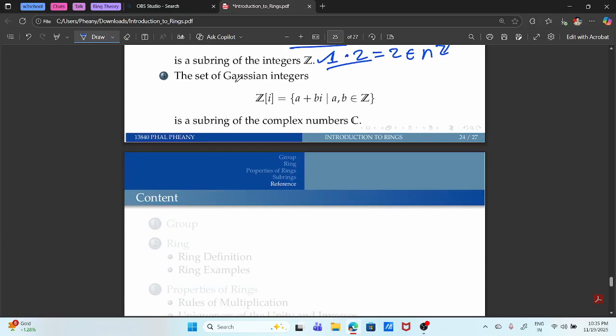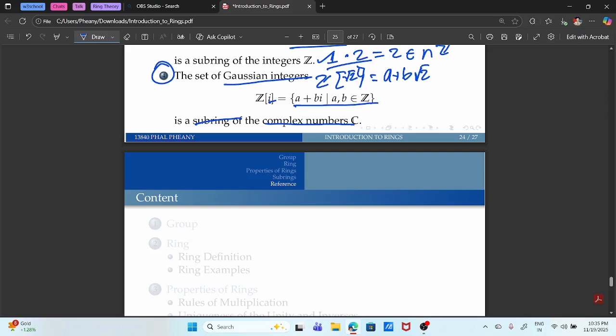Now let's consider the set of quotient integers. We can write it in this form, the set I, or we can change it to any variable, like a plus b root 2. This is also a subring of the complex numbers.